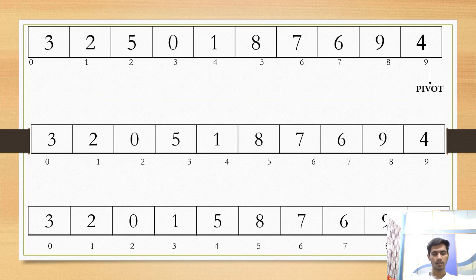In this example, I have taken an array of 10 elements which is unsorted. You can either choose 3 or 4 as pivot element. I have taken 4 as pivot element. The main aim of the first part of the algorithm is to bring the pivot element to the middle so that we can equally divide the array into left and right subarrays.